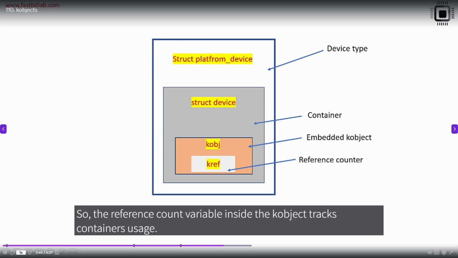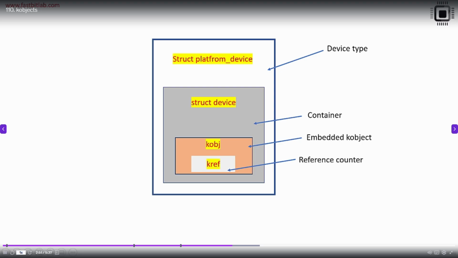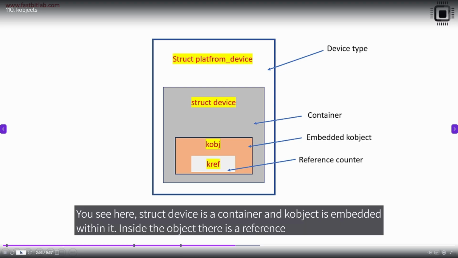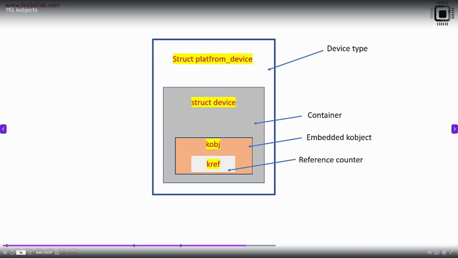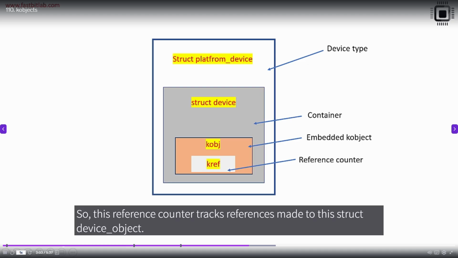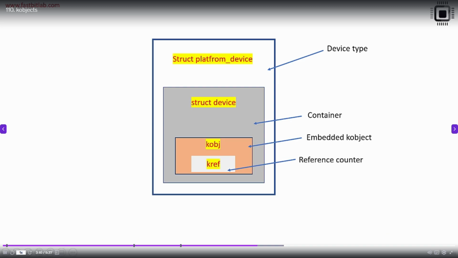So the reference count variable inside the K-object tracks the container's usage. You see here, struct device is a container and K-object is embedded within it. Inside the K-object, there is a reference counter, kref. So this reference counter tracks references made to this struct device object.